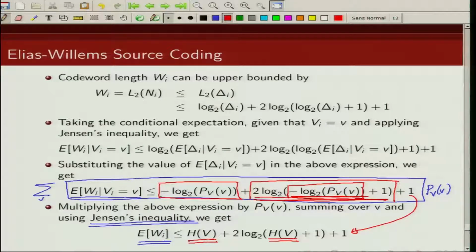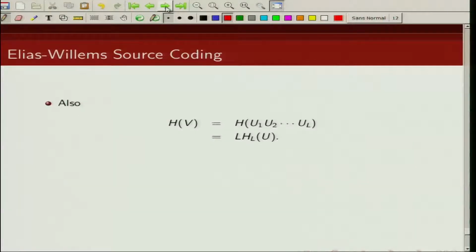Now, let's pay attention to this particular term, H of V. What is V? V is this block of L bits which are coming from a discrete stationary source.